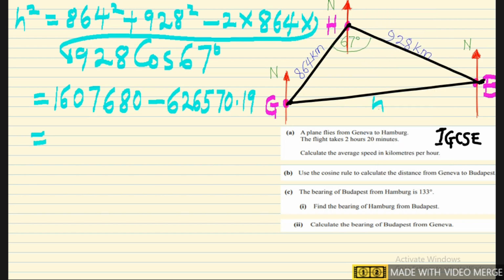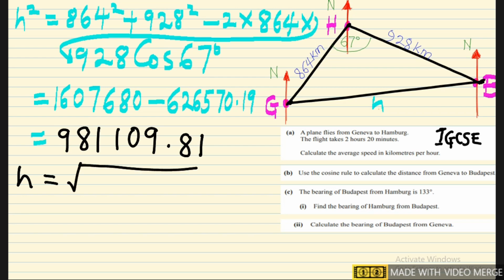Having done that, let's subtract. Subtracting this, we have 981,109.81. I'm still writing the decimal because I'm not there yet.